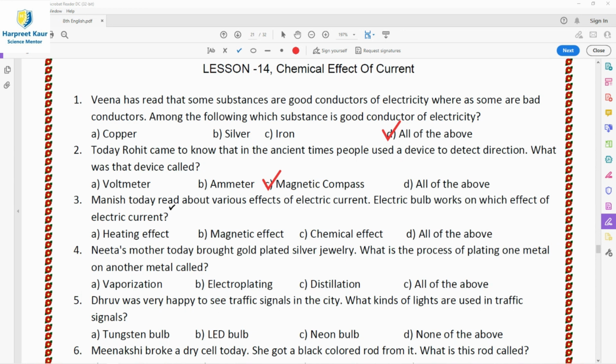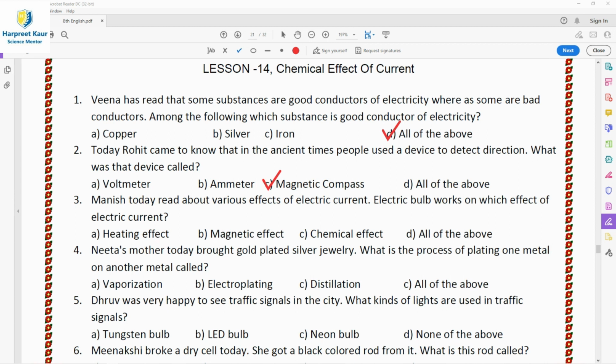For that, first of all, we have to understand what current is. Current is the flow of electrons in a wire, and current always flows in a direction opposite to the direction in which the electrons move.